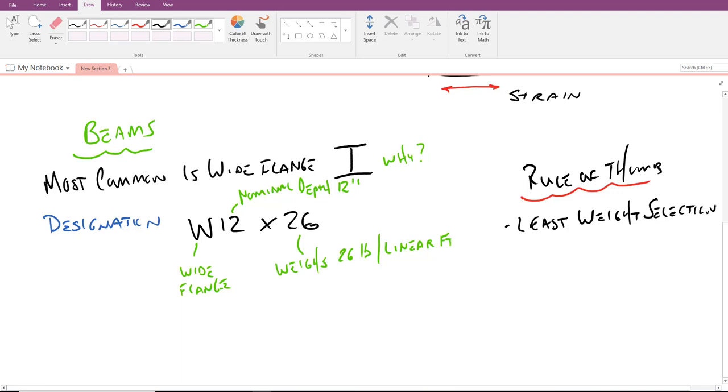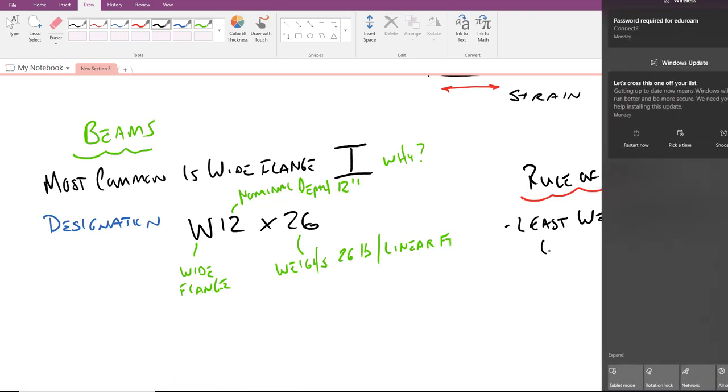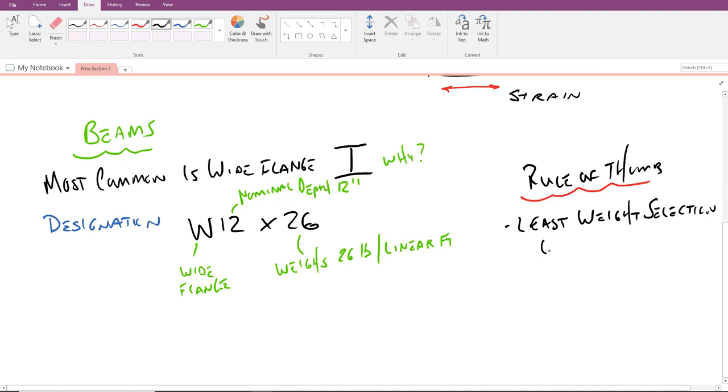Because steel typically costs a certain amount per pound, if you go with the least weight selection, then you're typically considered most economical.